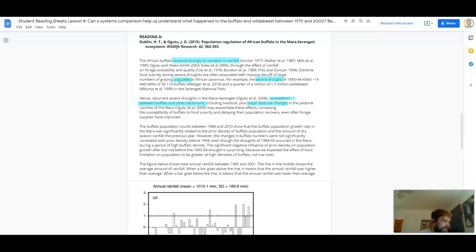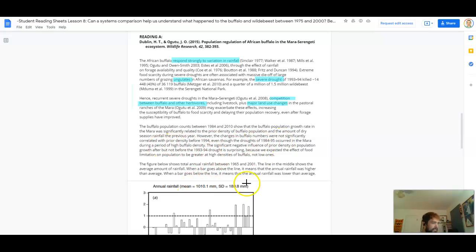The buffalo counts between 1984 and 2010 show that the buffalo population growth rate in the Mara was significantly related to the prior density of buffalo population and the amount of dry season rainfall the previous year. However, the changes in buffalo numbers were not significantly correlated with prior density before 1994, even though the droughts of 1984 to 95 occurred in the Mara during a period of high buffalo density.